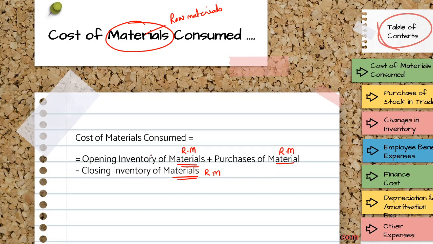Opening inventory can also be written as opening stock, so do not get confused. So opening stock of raw material, purchase of raw material, and closing stock of raw material give us cost of materials consumed. When we have these three things and apply the formula, we can easily calculate the cost of the raw materials consumed during an accounting period.